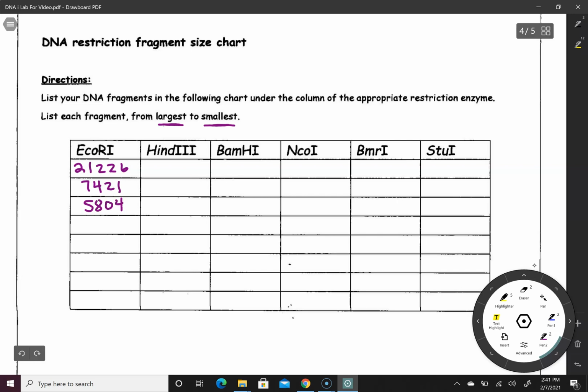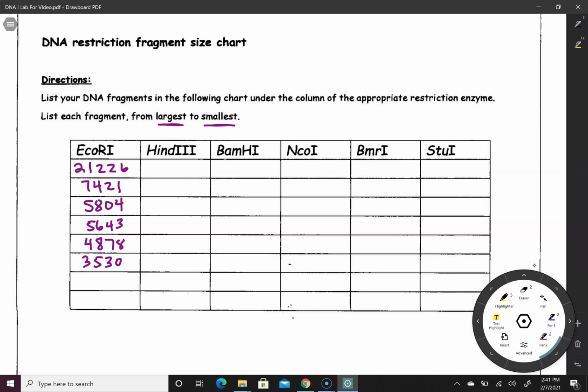Our next largest piece was 5643. Then we had 4878. And then finally we had 3530. So these are your pieces according to that piece of DNA.